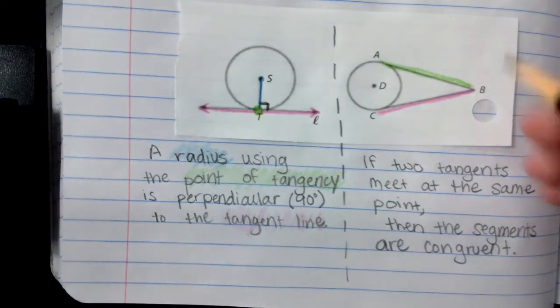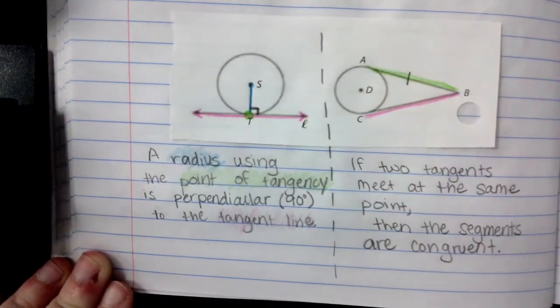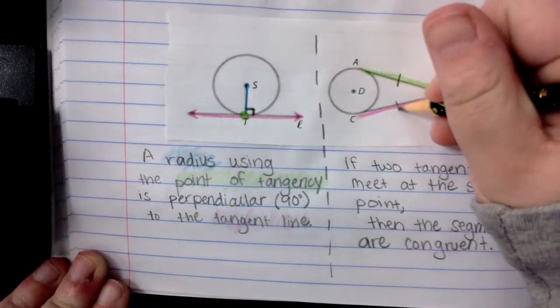So we know that AB is going to be congruent to BC, or CB, yeah.